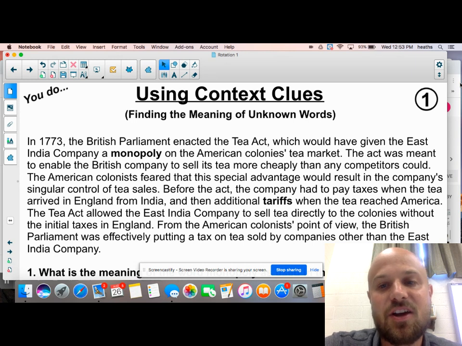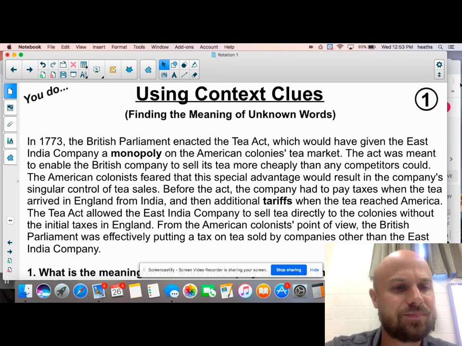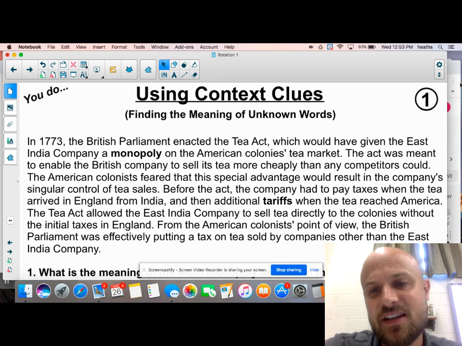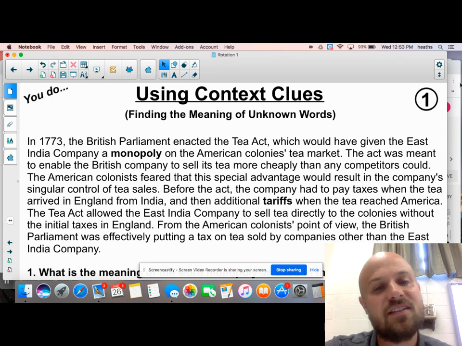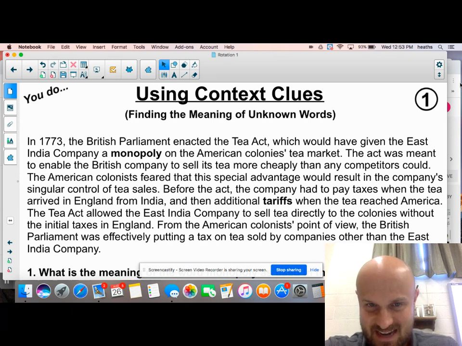Before the act, the company had to pay taxes when the tea arrived in England from India, and then additional tariffs when the tea reached America. The Tea Act allowed the East India Company to sell tea directly to the colonies without the initial taxes in England. From the American colonist point of view, the British Parliament was effectively putting a tax on tea sold by companies other than the East India Company.